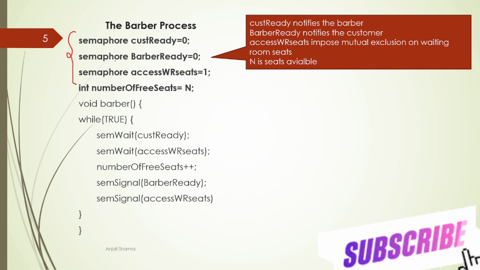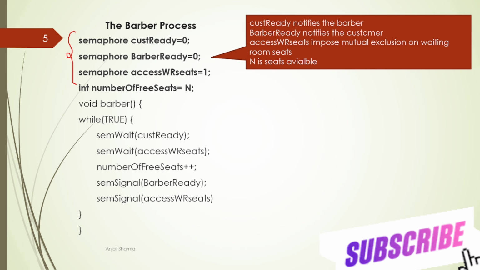The second one is a semaphore again, which is barber ready, which is again initialized to 0. The third semaphore is access to waiting room seats. See, access WR seats means access to waiting room seats, and it is initialized as 1, right? And another integer is defined over here, which is number of free seats, that is n, right? So we have these 4 things with us.